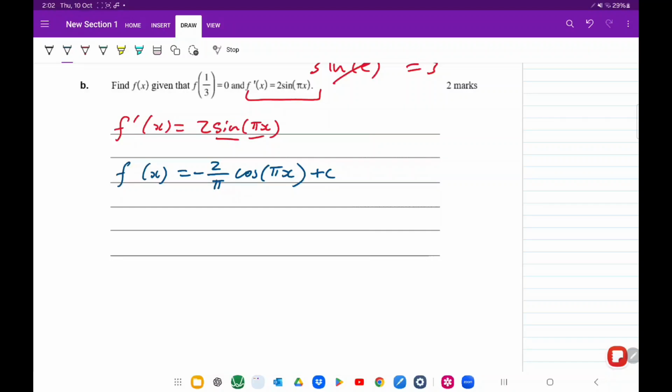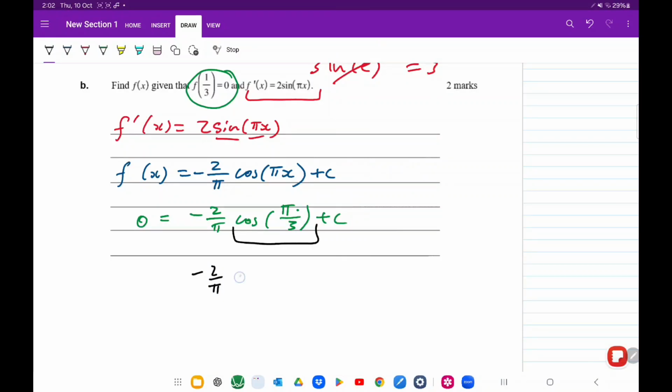The reason why we need to remember the plus c is because now when we equate it to this information over here, we get 0 is equal to negative 2 over pi cos pi on 3 plus c. If we solve for c, we'll get an answer that satisfies the question. So let's try this out. What's cos pi on 3?